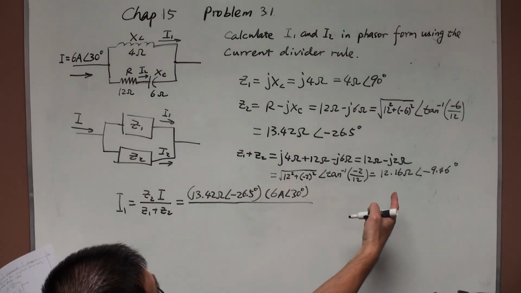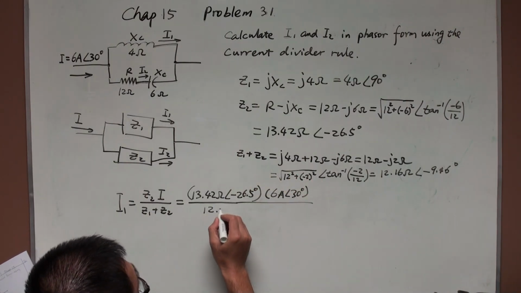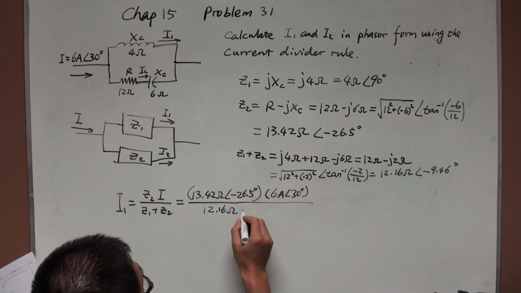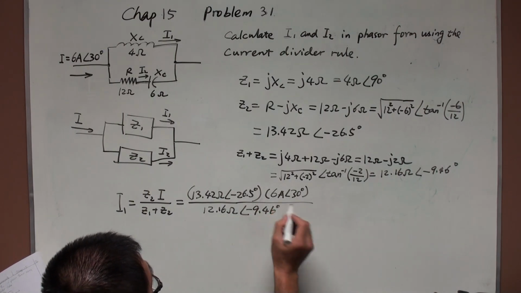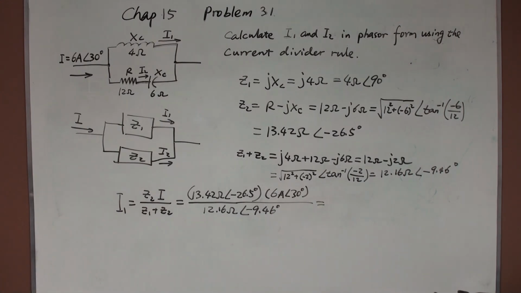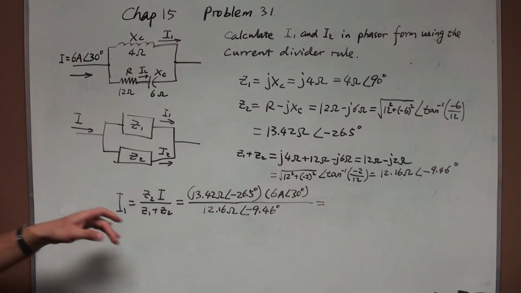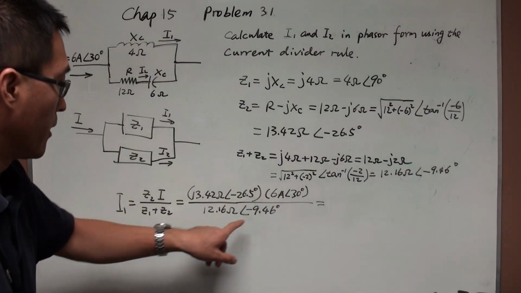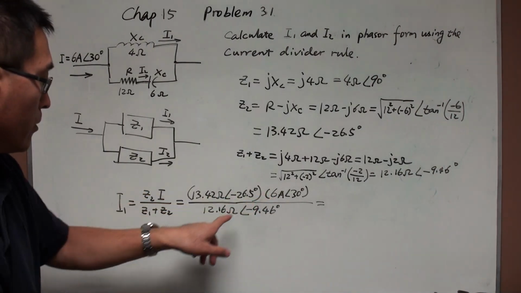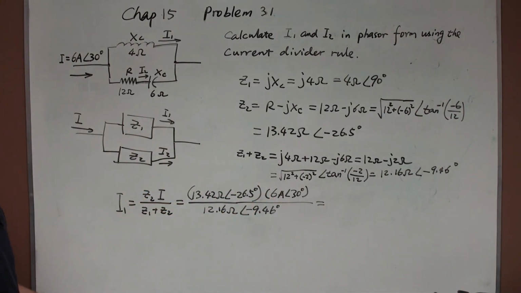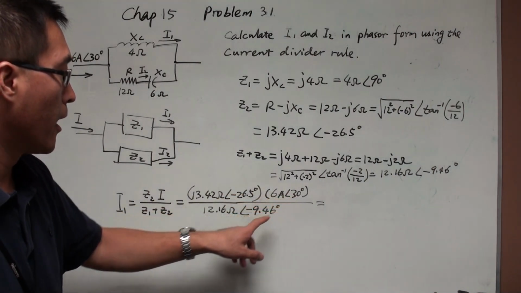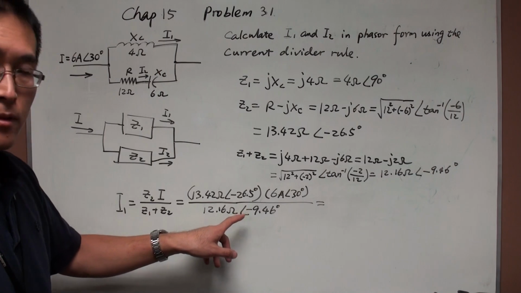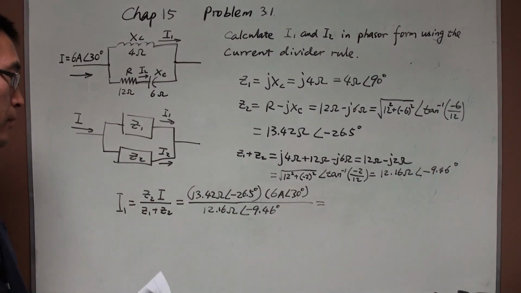And the summation of these two is 12.16 ohms with negative 9.46 degrees. As we did before, you multiply the amplitudes, multiply these two over this, and you get the amplitude. For the angle, negative 26.5 plus 30 minus negative 9.46.